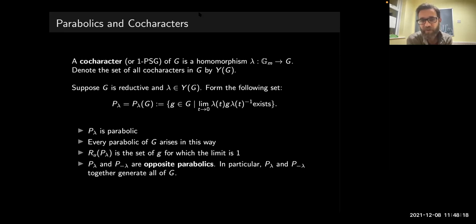But when you work with these cocharacters, it's very easy to write down opposite parabolics. So if I hand you a cocharacter lambda, I think of this set of cocharacters with an additive structure, then minus lambda is the one I get by just inverting everything. So minus lambda of t is lambda of t inverse, and that will give me another parabolic, and these two are opposite.